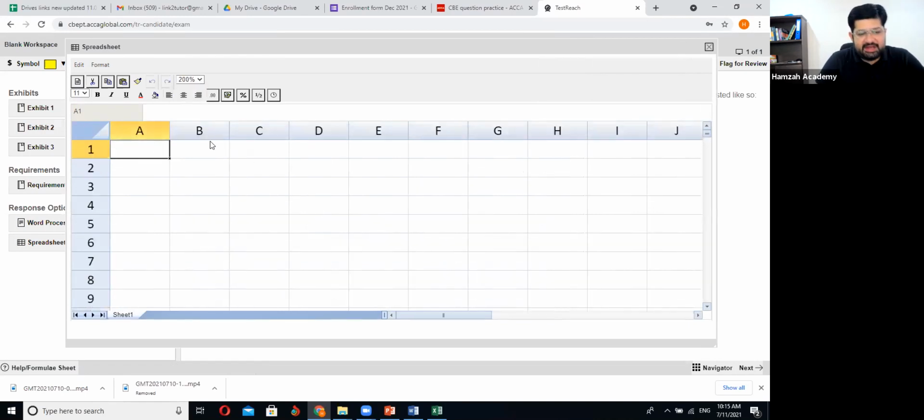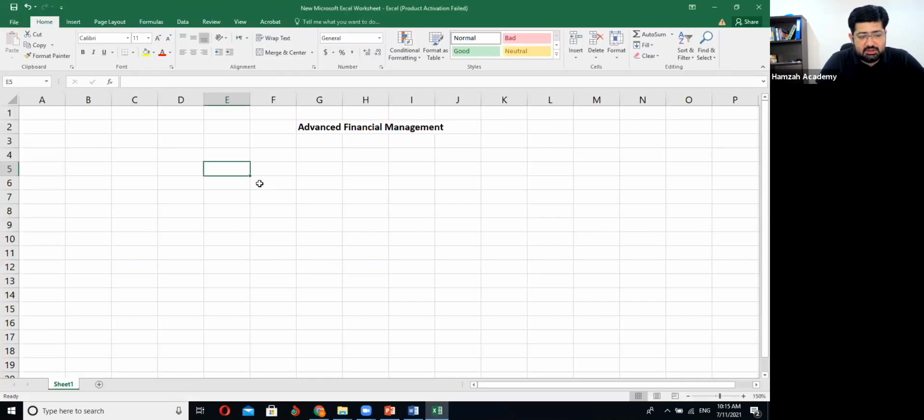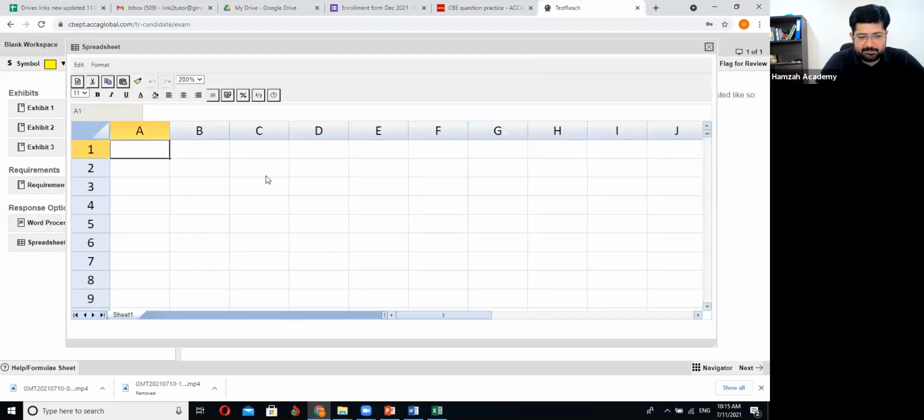Now, the next topic is the payback period method of investment appraisal. What is payback period?